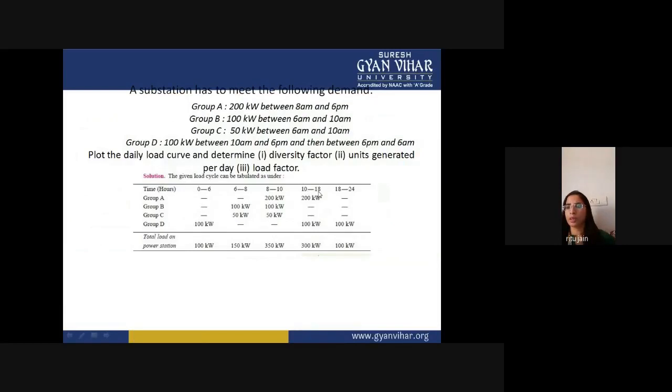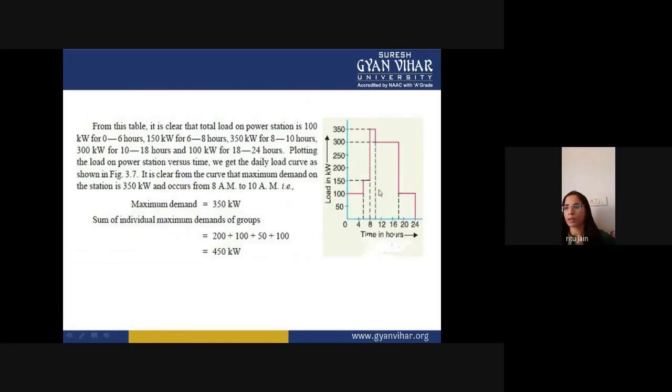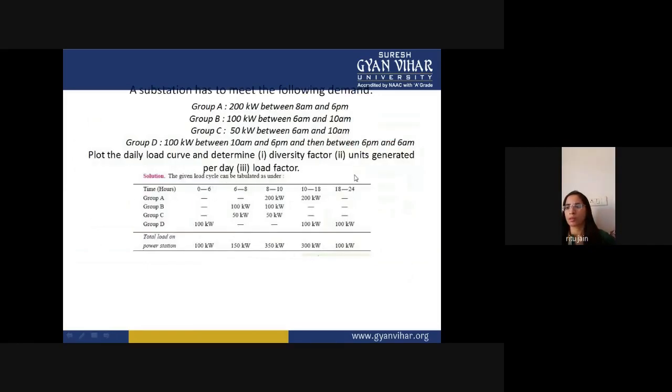Then 10 a.m. to evening 6 p.m. you require 300 kilowatt. So 10 a.m. to evening 6 p.m. you require 300, and after that 6 p.m. to again 6 a.m. you required 100 kilowatt.